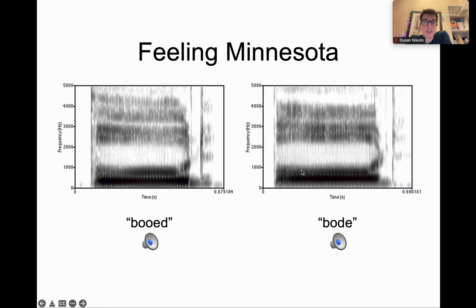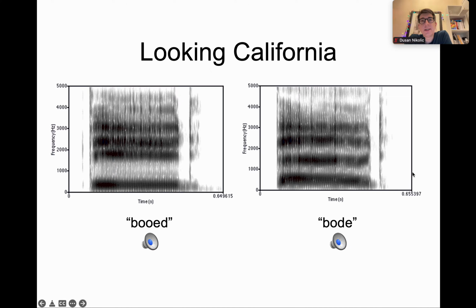So as you can see here, especially, they are almost overlapping in bowed. He did not produce it as a diphthong, it's more bowed. Booed.